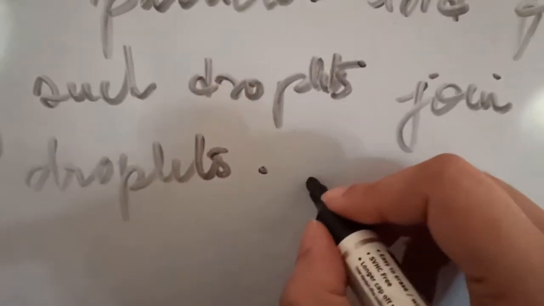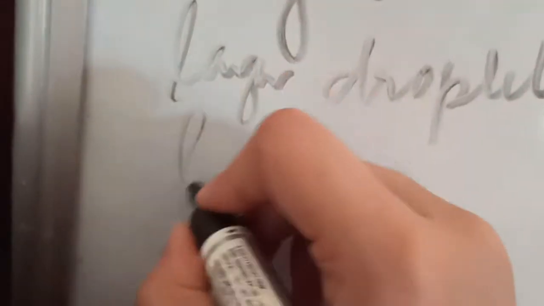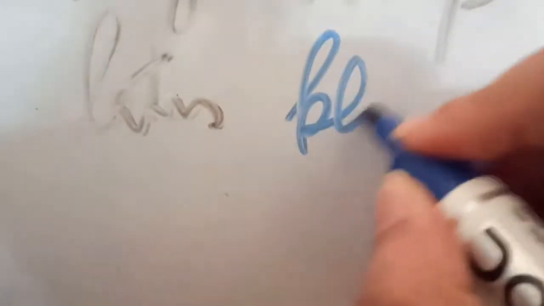If they rise further, cooling takes place and turns them into small ice crystals.